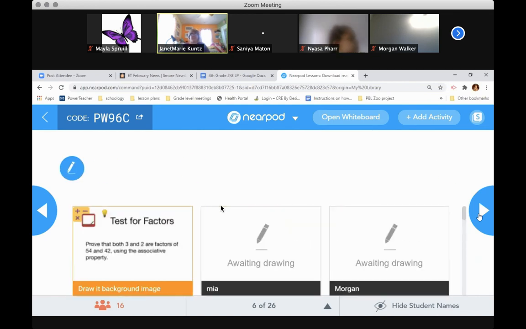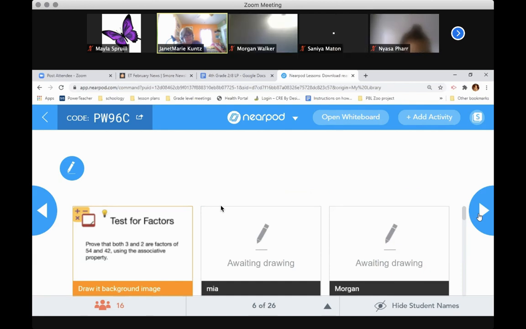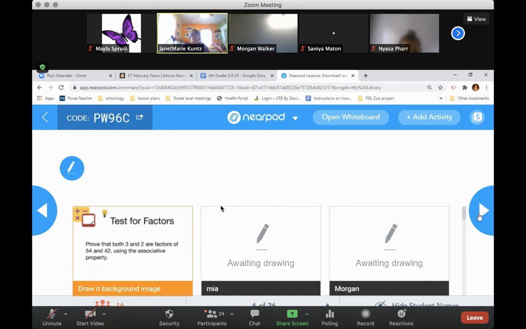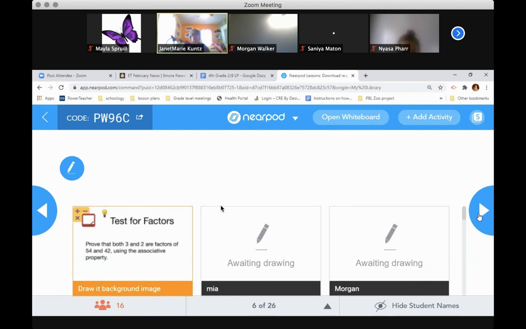Prove that 3 and 2 are factors of 54 and 42 using associative property. Let's do it this way.